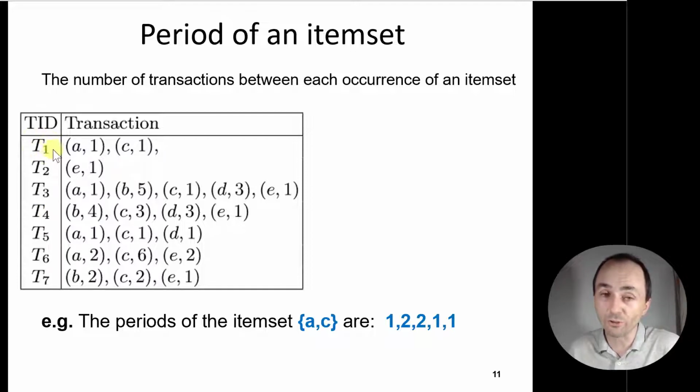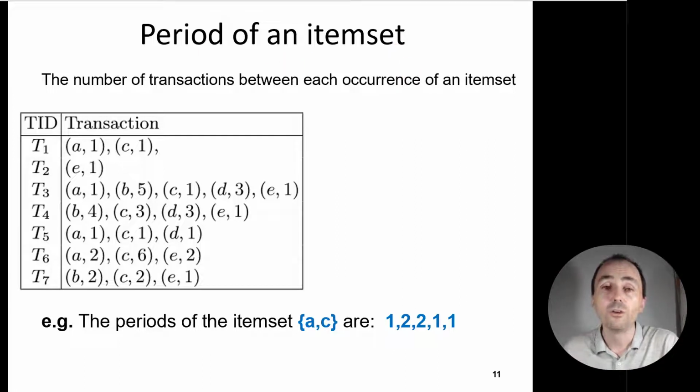T1 is the first transaction and T7 is the last one in time. Now if we take one item set, AC, we need to calculate the periods of the item set. The periods are the time between each occurrence of the item set when it repeats over time. So let's have a look at this.